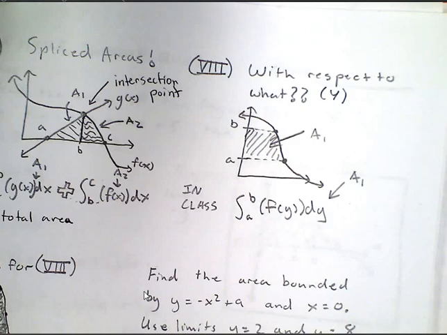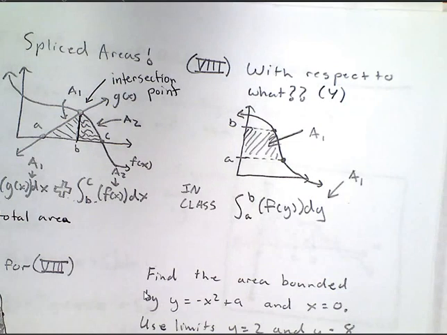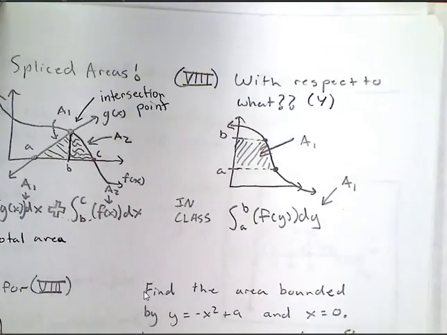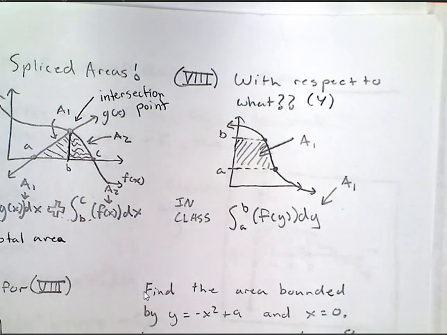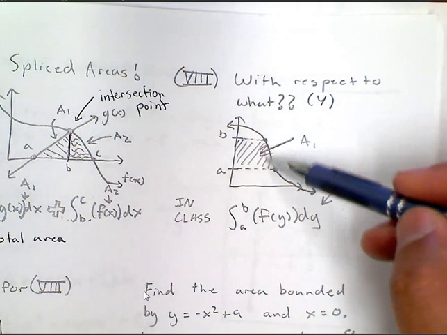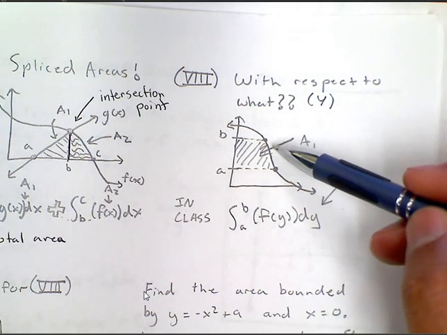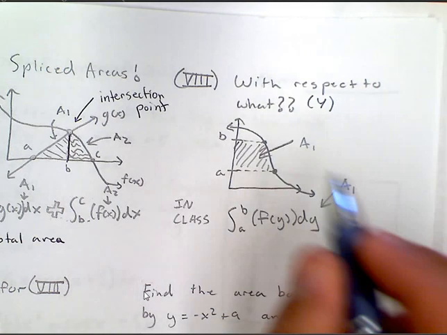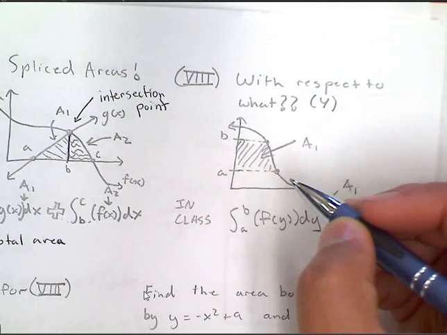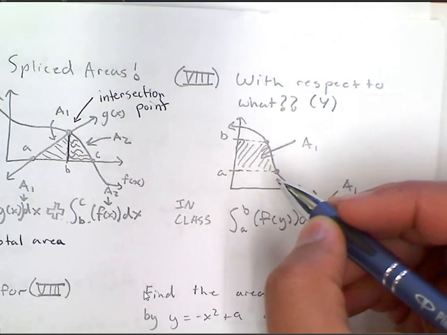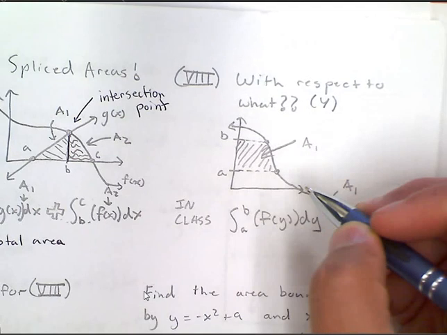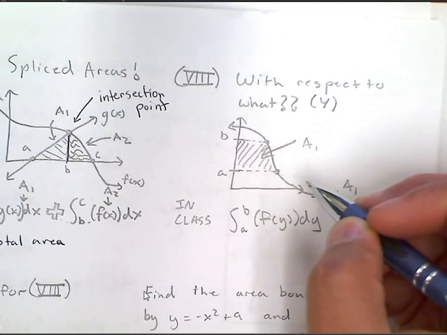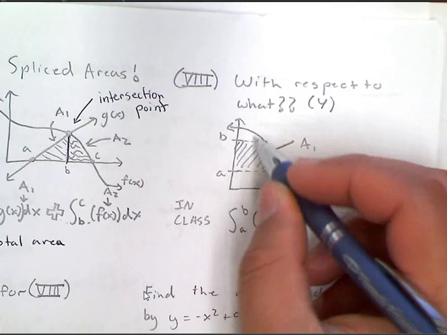Now, with respect to y. Basically what we have is an area right here. Instead of integrating with respect to x, now we're integrating with respect to y because we're moving along the y-axis.